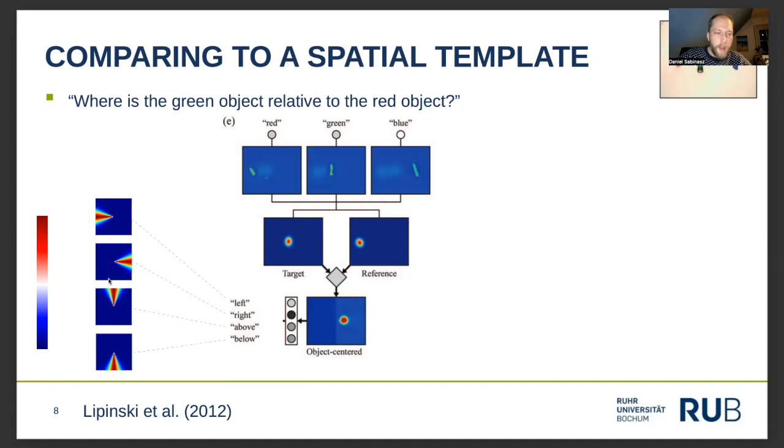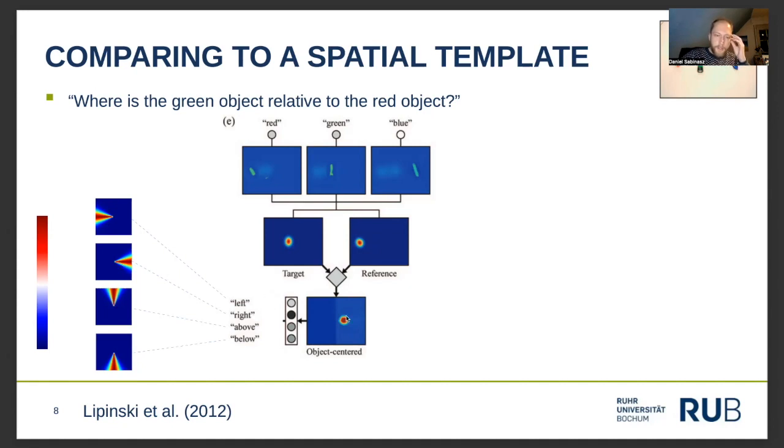So for example, the right concept node receives input from the object-centered field, but not all locations in that field provide the same level of input to the node. Rather, different regions of the field have a different synaptic weight, which means that the output at that location in the field is multiplied by that synaptic weight pattern, and the result then feeds into the concept node.